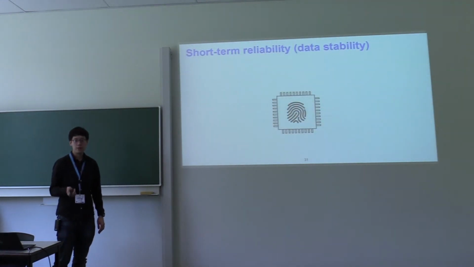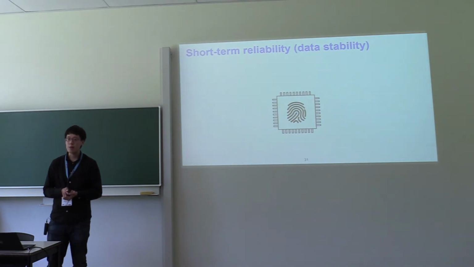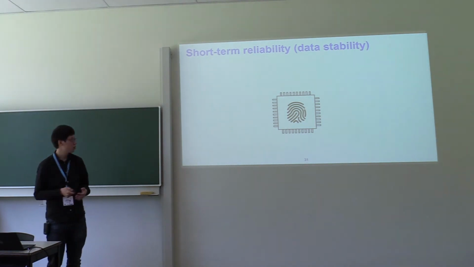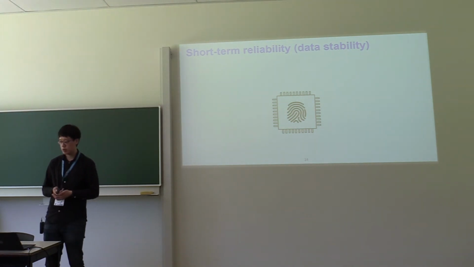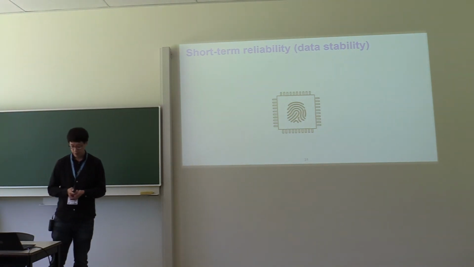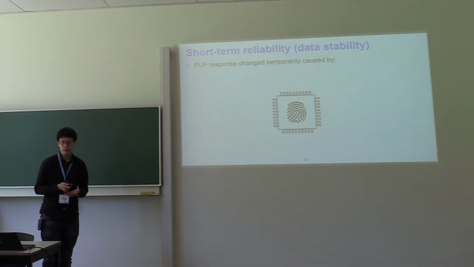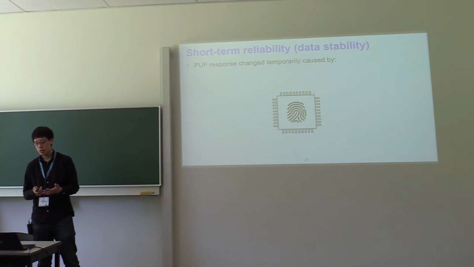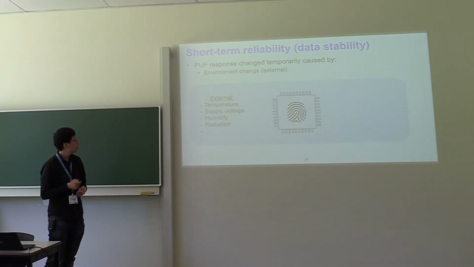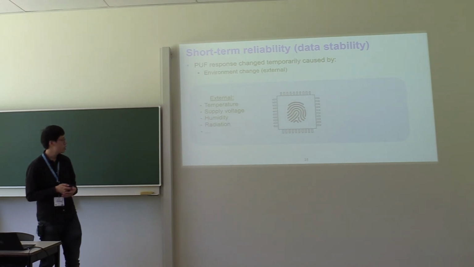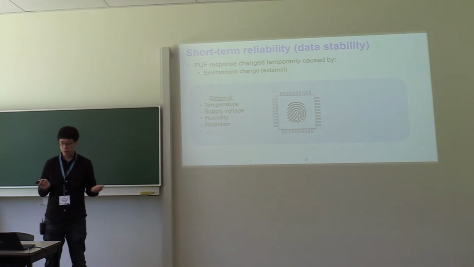In the sense of reliability, we have basically two different types. One we call the short-term reliability, or in most literature it is called data stability. For the short-term one, the path response may change temporarily, caused by environmental change, such as temperature, supply voltage, or radiation, for example.